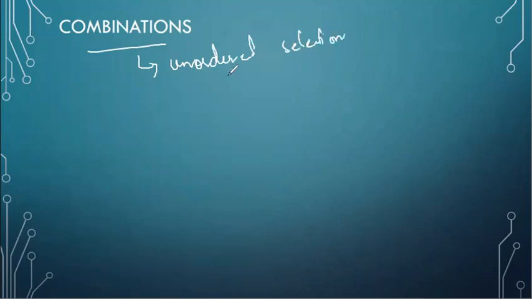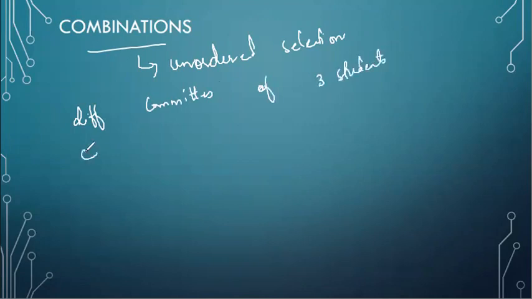And first and foremost, we will see an example. The example is: how many different committees of 3 students can be formed from a group of 4 students? So this is our example.